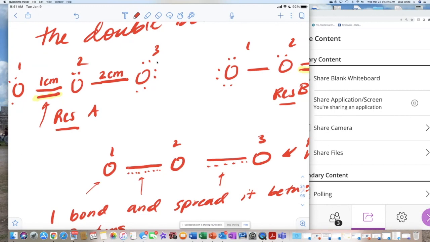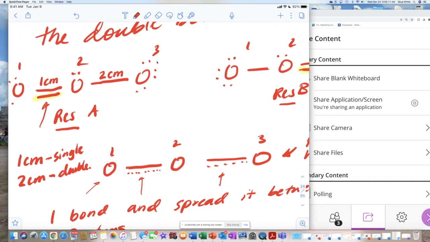They expected one to be 1 centimeter, which would prove the existence of a double bond, and the other they expected to be 2 centimeters, which would prove we have a single bond. When you're doing a science experiment, you want to have a hypothesis, an educated guess of the outcome, so you're trying to prove yourself right or wrong.